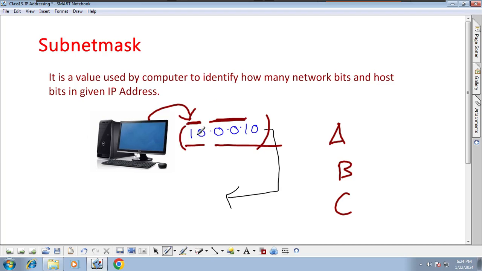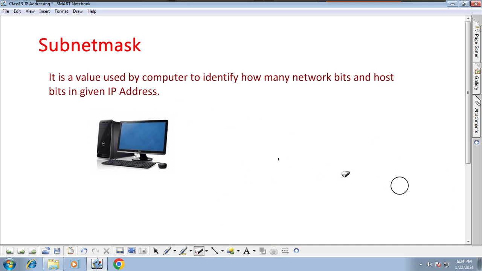All this should be understood by the computer, no? So to make the computer understand, whenever you configure an IP address on a computer, you must provide one extra value, that is called the subnet mask. The computer uses the subnet mask to identify the number of network bits and host bits in the given IP.